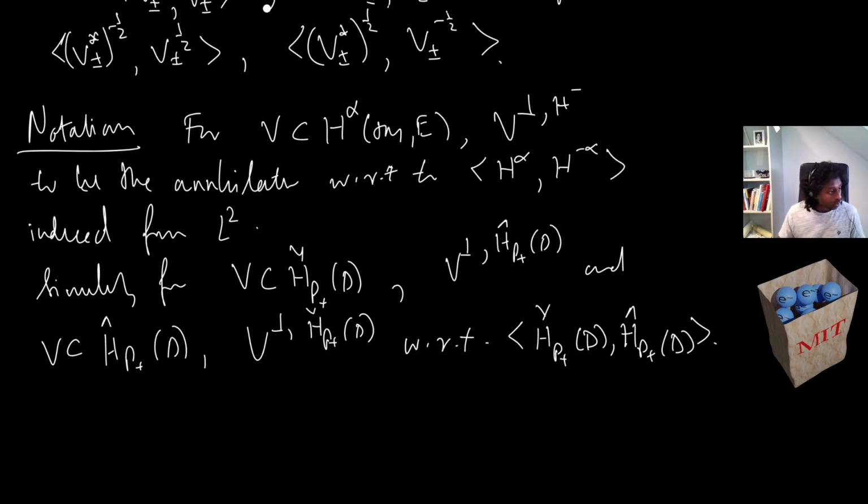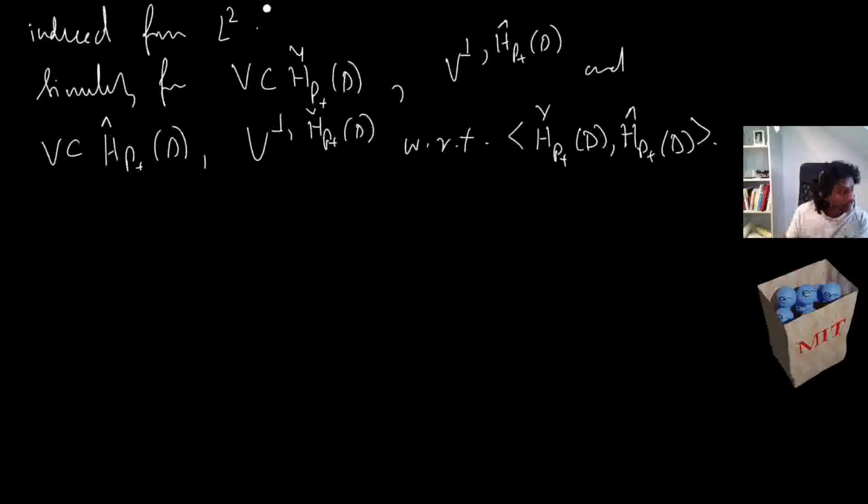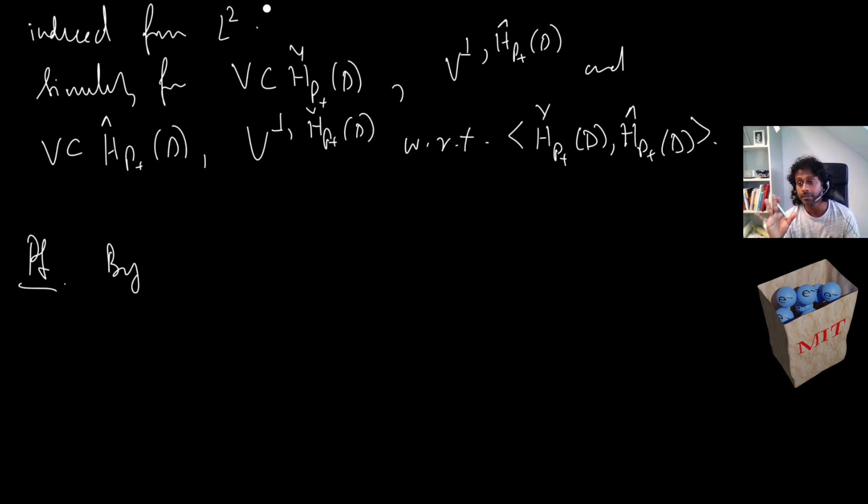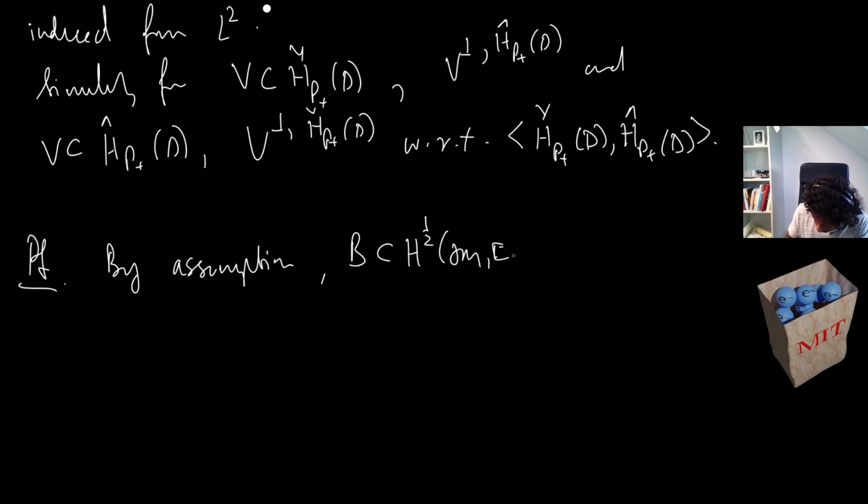All right. So let's get back to the proof of this. So by assumption, what does it mean for B to be elliptically regular? It means that B is a boundary condition, so it's a closed subspace of H check, but it's also contained in H half.